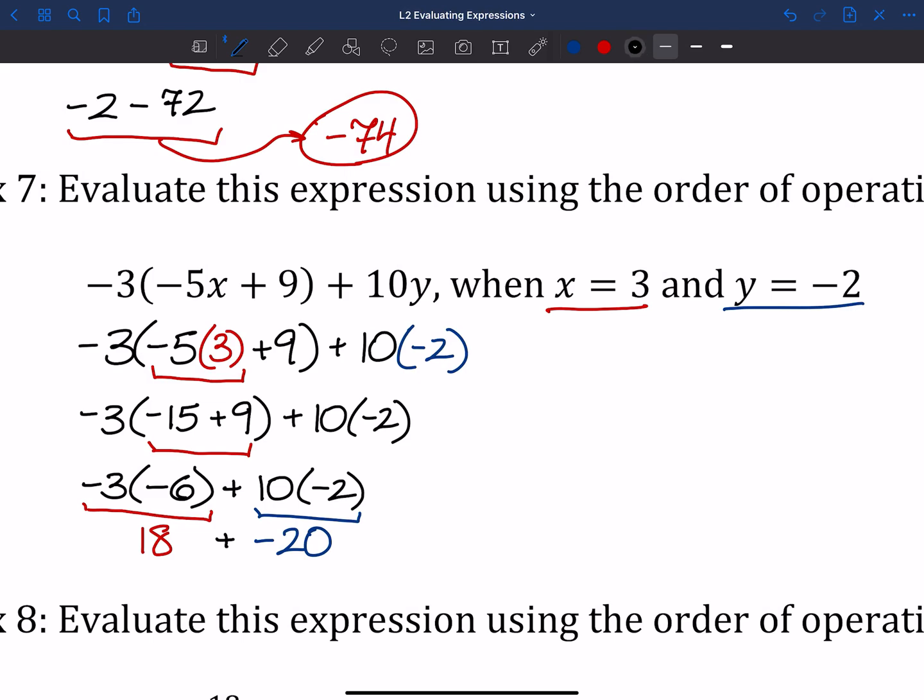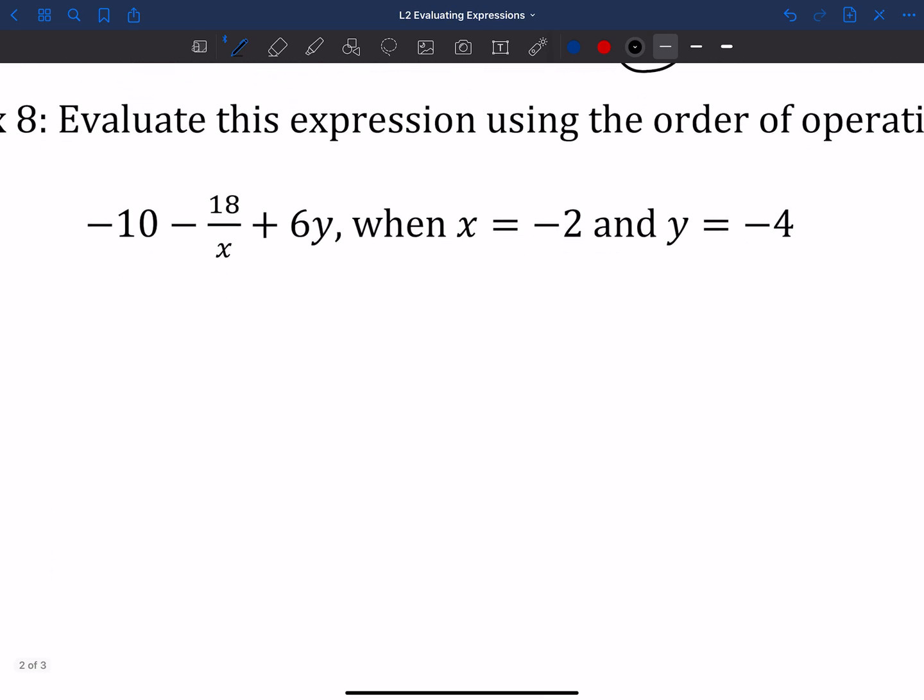So this is actually where we can use one of those sign laws that we talked about back in the first lesson, right? That we have 18 plus negative 20. That is the exact same thing as if I said 18 minus 20. Right? So 18 minus 20, if I'm on the 18th floor and I go down 20 floors, I'm in the second basement. Our answer is negative 2.